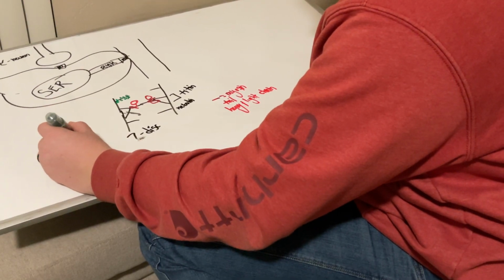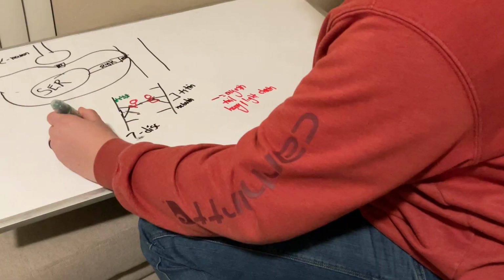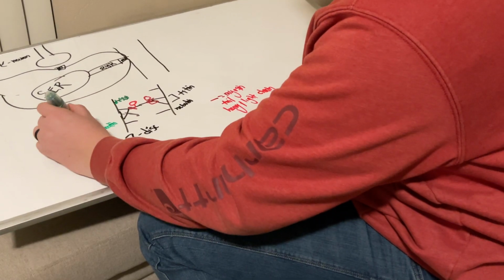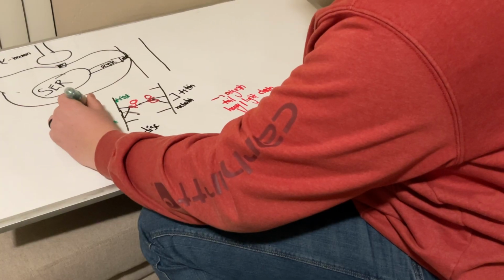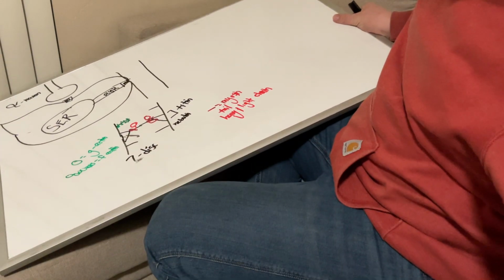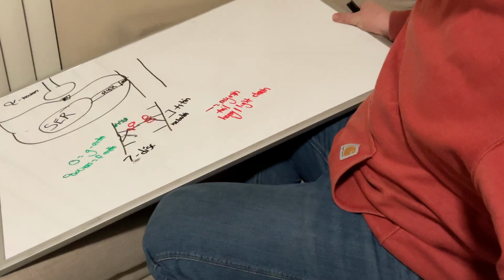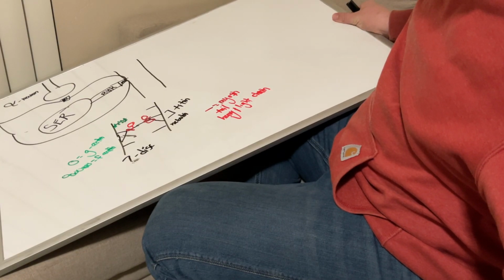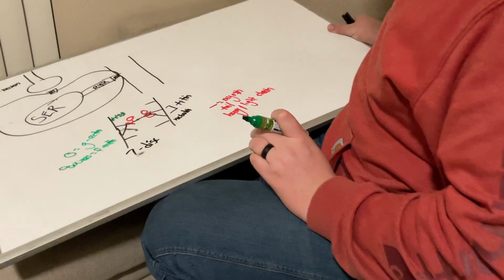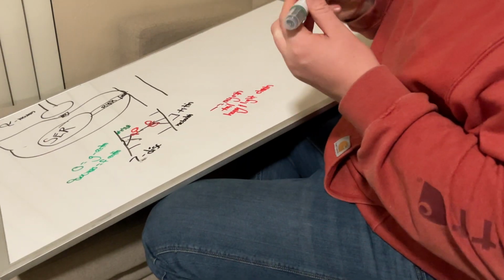Then when we put them in their little helical shape, we call them F-actin. Okay, so we'll go around there like that.